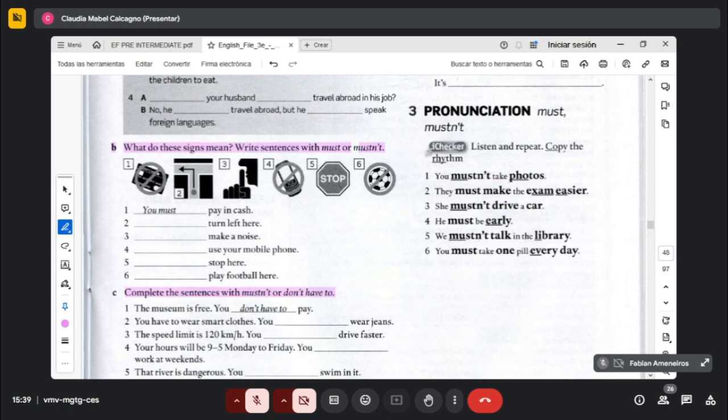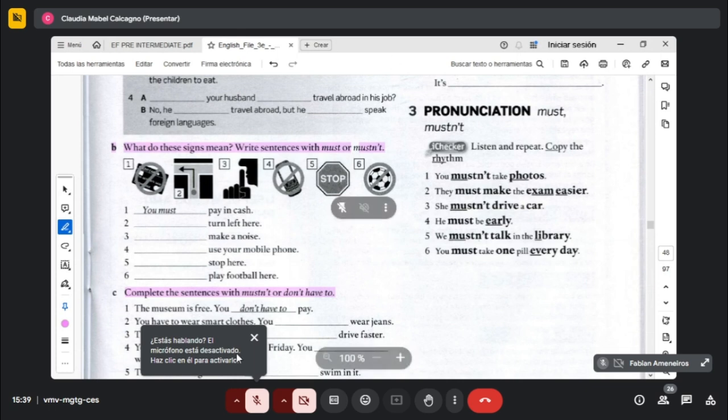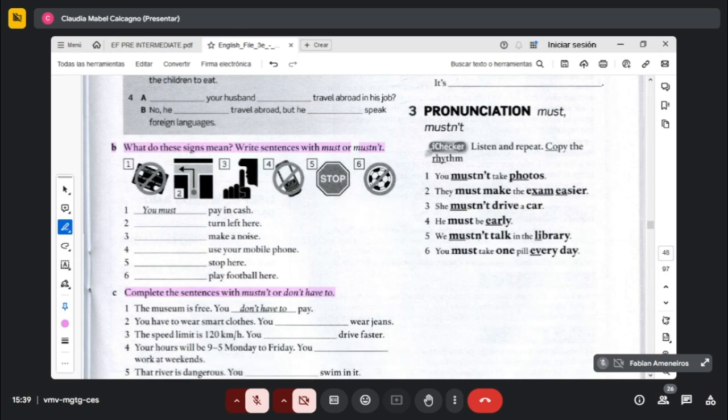You mustn't use your mobile phone. 5. You must stop here. 6. You mustn't play football here. Excellent. Good. So the only ones that are negative are number 3, 4, and 6, right? The negatives. 3, 4, and 6.